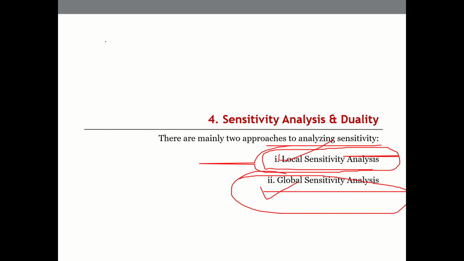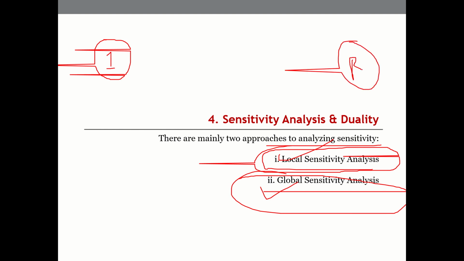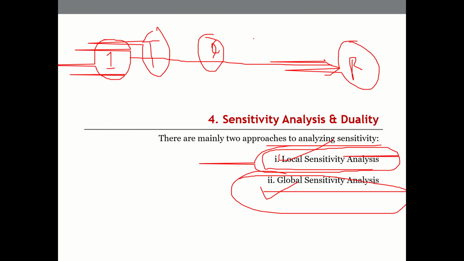For example, let us say we have to move from place A to place B, and there are certain things that we have in hand. The first one is time. The second one is cost. The third one is, let's say, risk involved. And one more we can put, let's say, comfort.